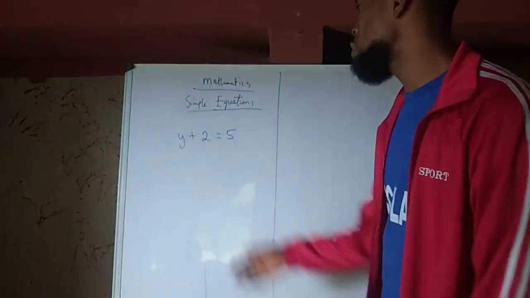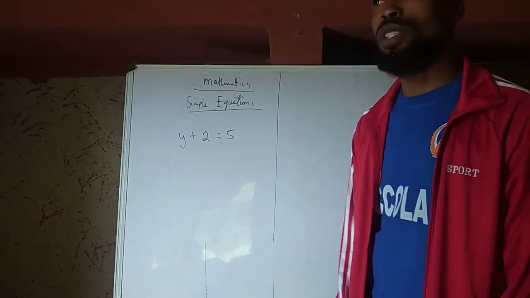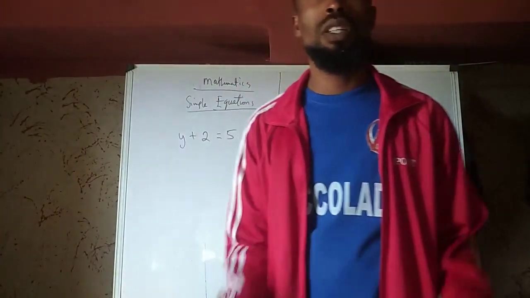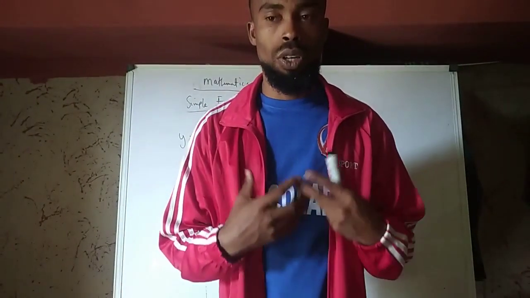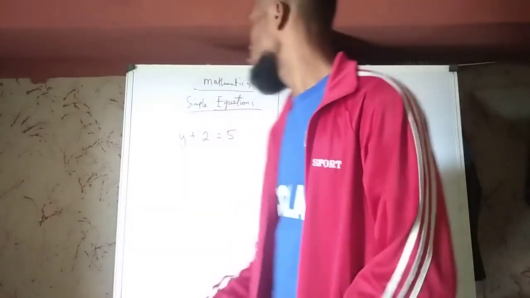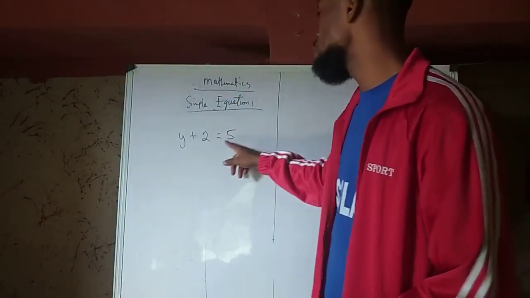So how do we go about solving simple equations? Many times you just solve them by your logic, and that is good, but when equations become advanced, you often have to use a method that has already been generated. Let me show you how this works. Imagine you have y plus 2 equals 5.